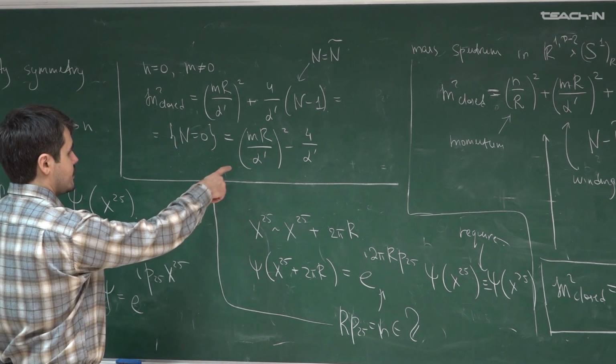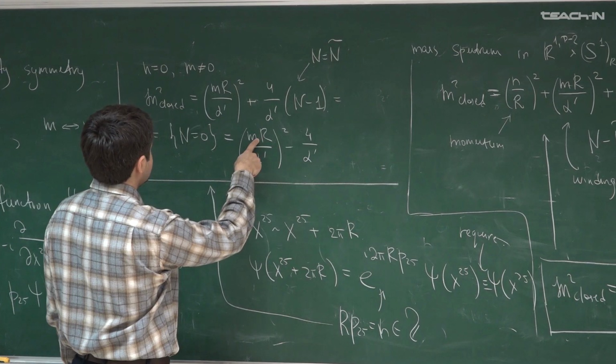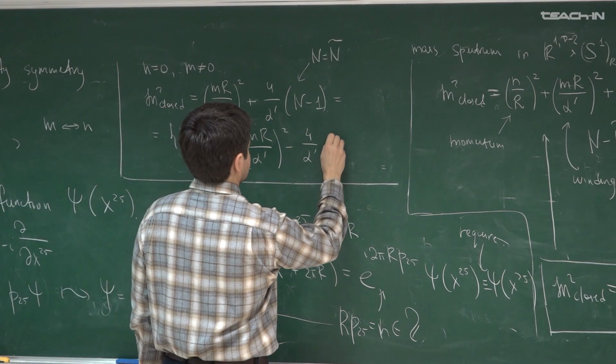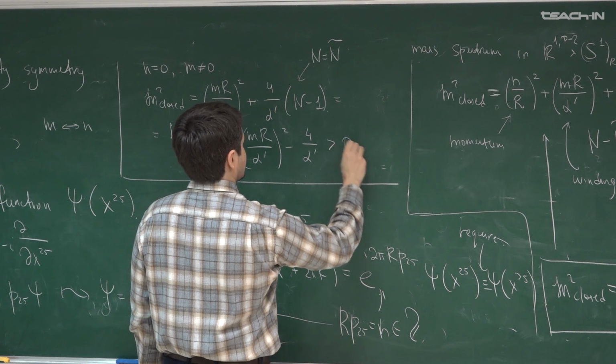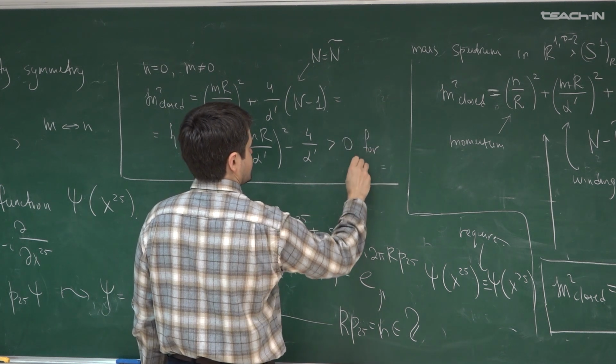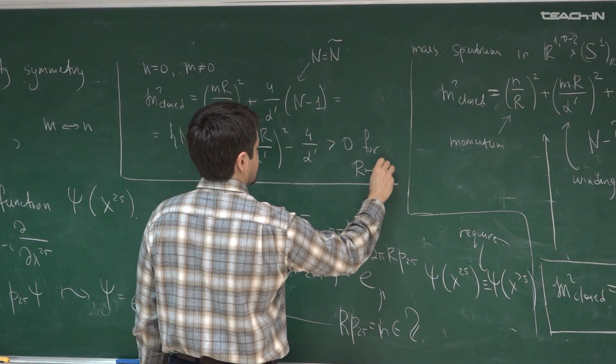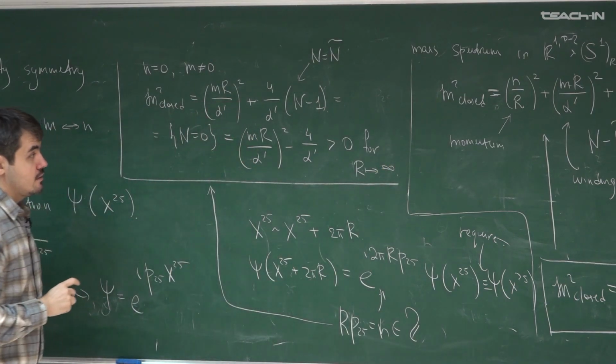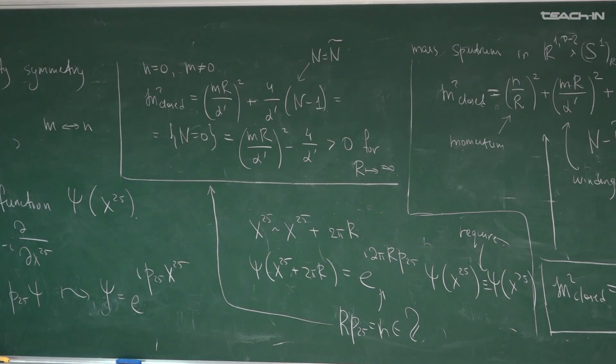For large r, for r going to infinity, this is positive. But you see there is some critical value of r where this becomes 0. So there are some additional tachyonic states in this winding sector.